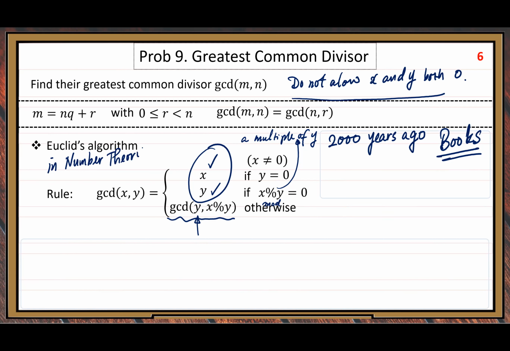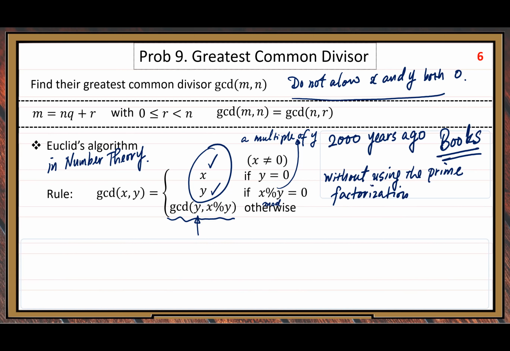For us, we use this algorithm to calculate GCD without using prime factorization. That's the best thing we have from this algorithm.